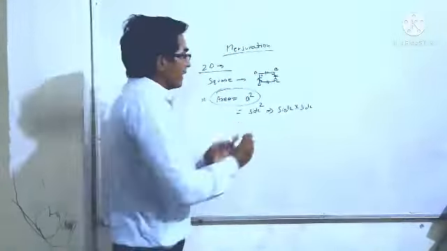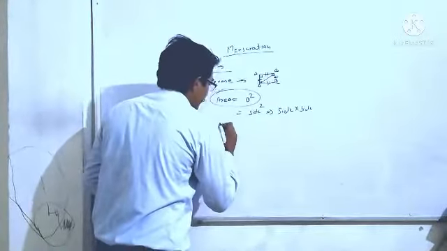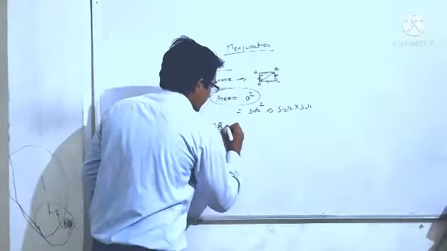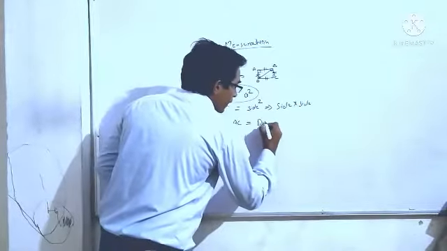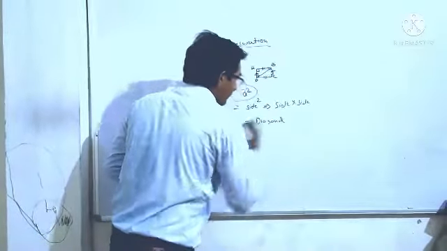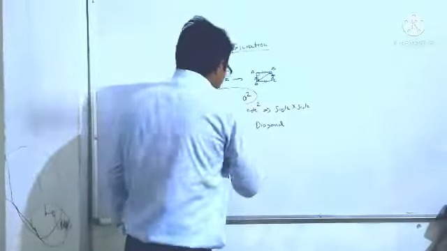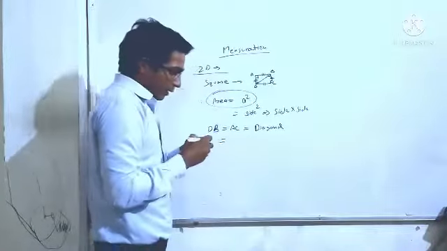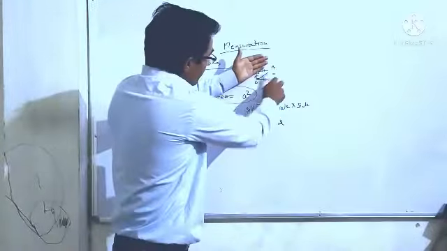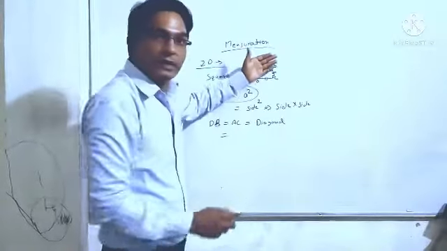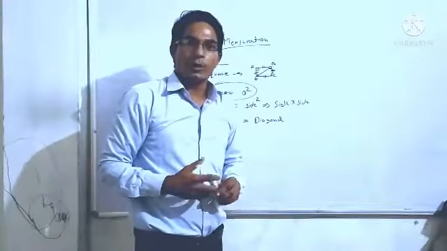And third is its diagonal. DB and AC are known as the diagonals. DB and AC are both the same, and its formula is like this. If you see, DB, BC and CD form a triangle. In a triangle, as we know, there is the Pythagoras theorem.